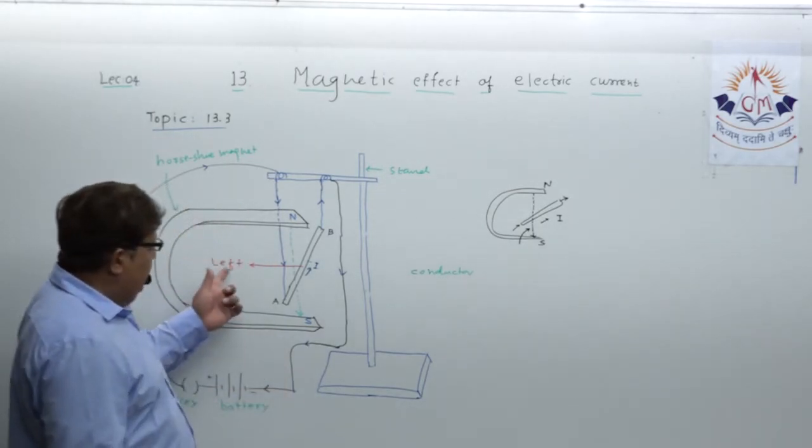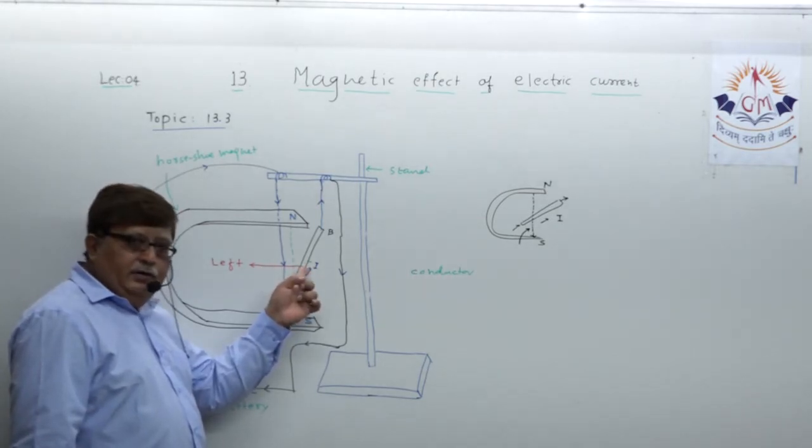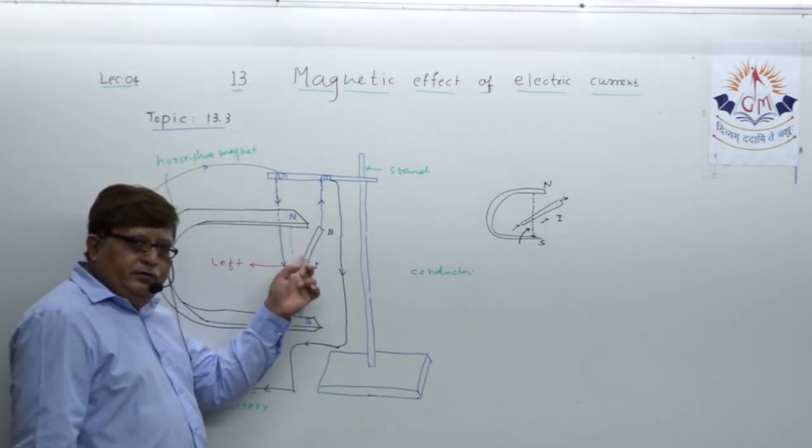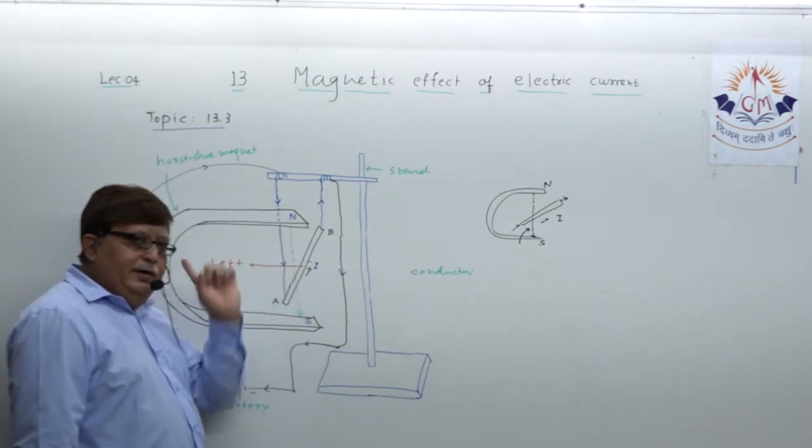We call it electromagnetic force, which acts on this conductor kept in the magnetic field and will pull the conductor leftward.